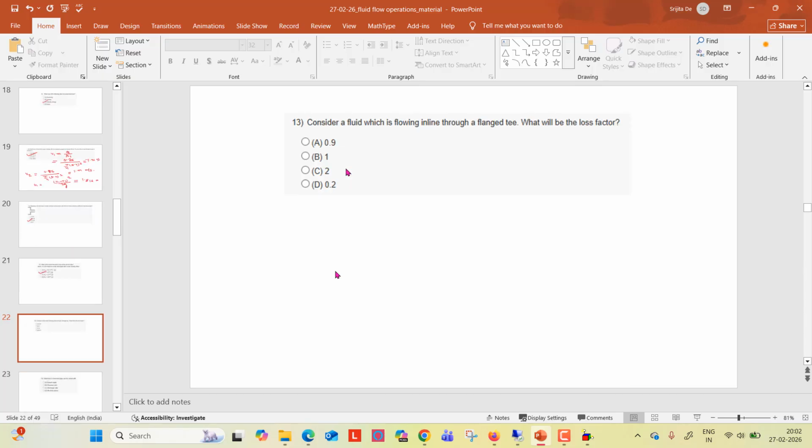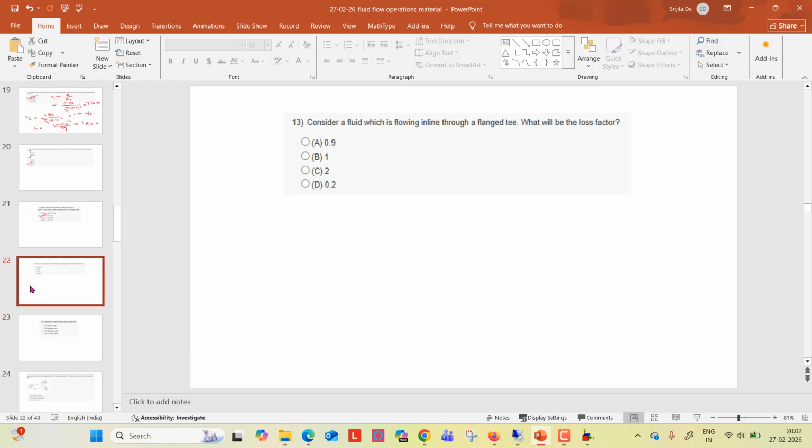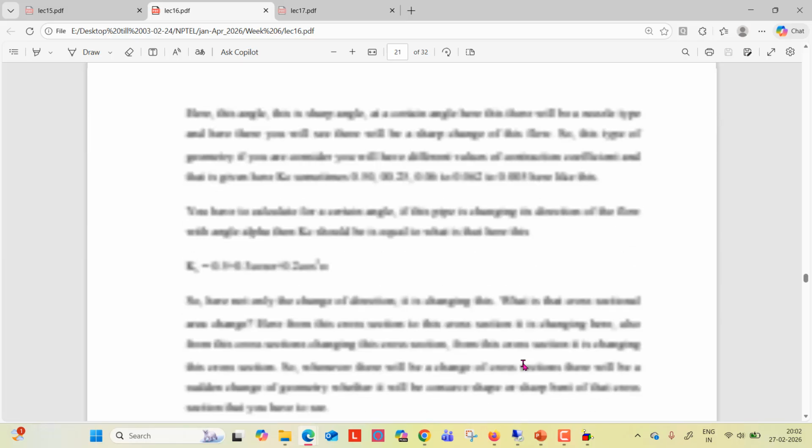Next. Consider a fluid which is flowing in line through a flanged T. What will be the loss factor K? So here in this image, you have seen the flanged T, right?